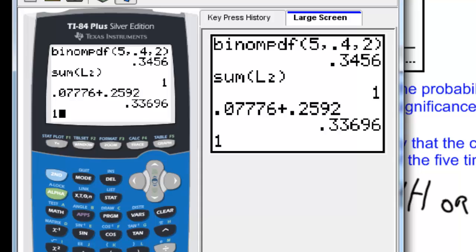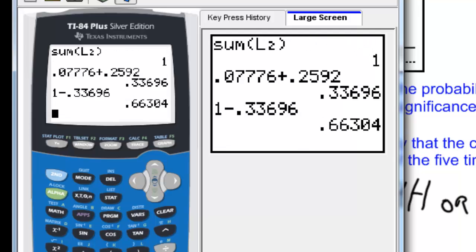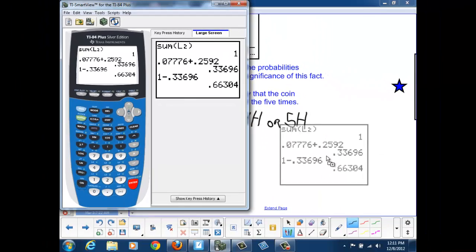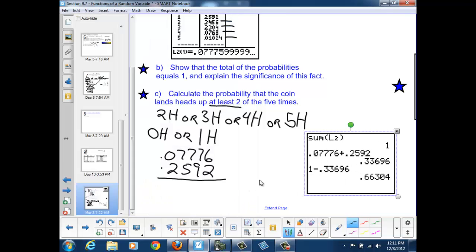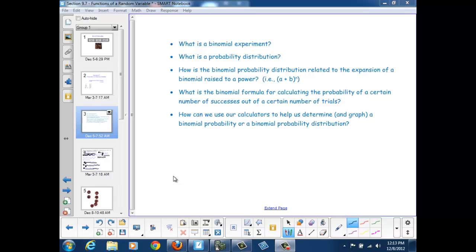So we would take 1 minus 0.33696 and end up with 0.6304 as our answer.